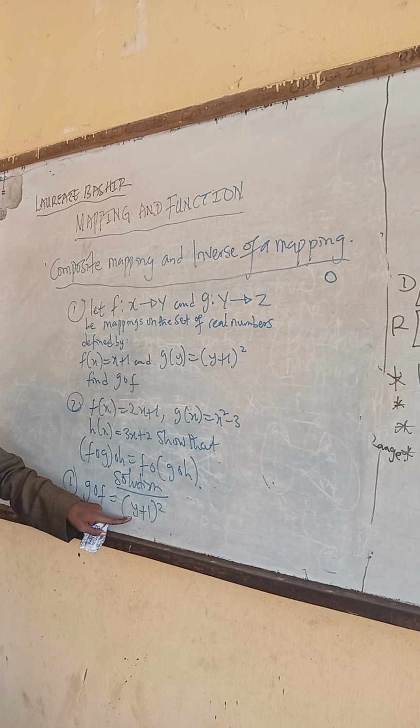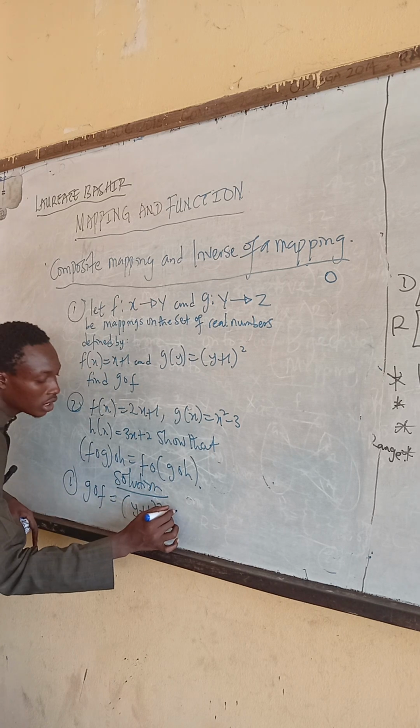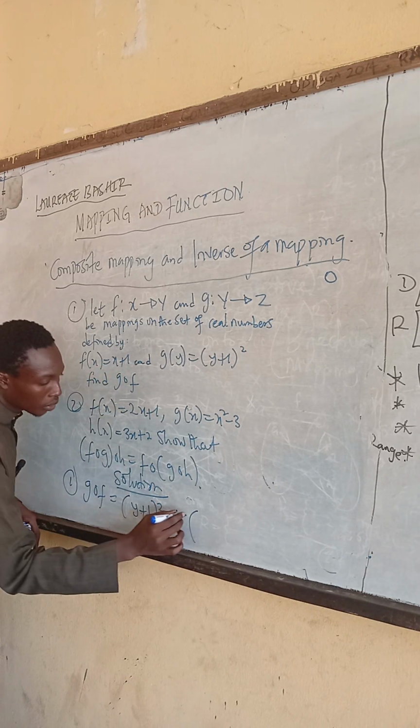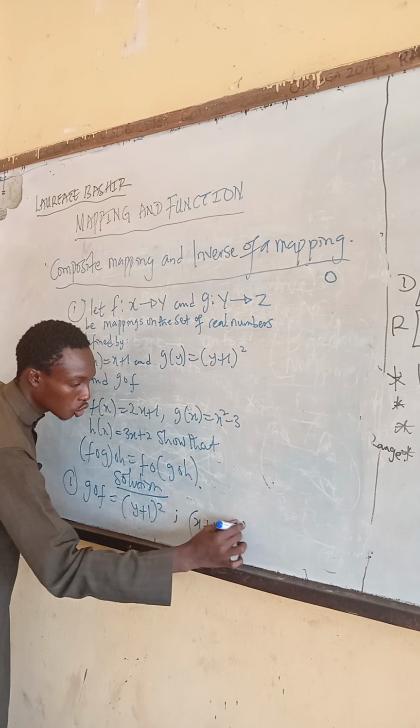So your y, you now replace with what you have as f of x. What do you have as f of x? You have x plus 1. So instead of y, you now put x plus 1. Then you're having plus 1 there again, plus 1 all squared.